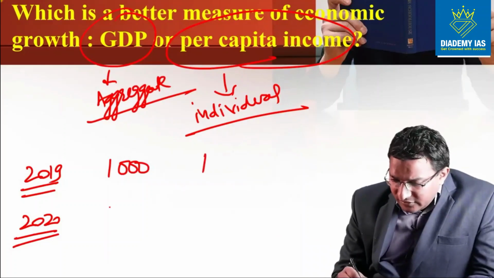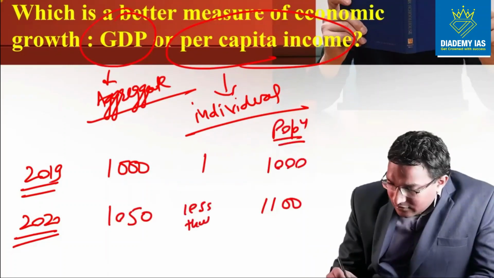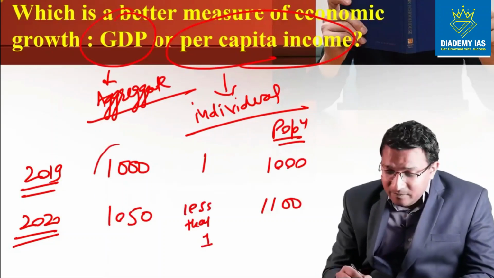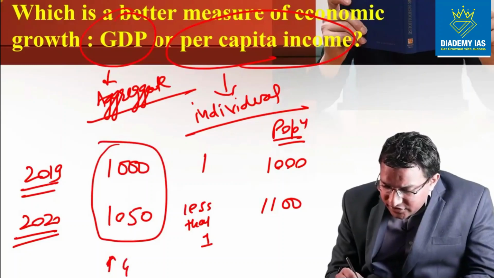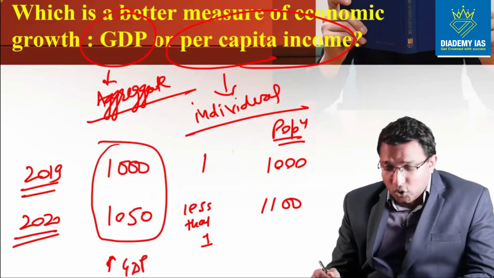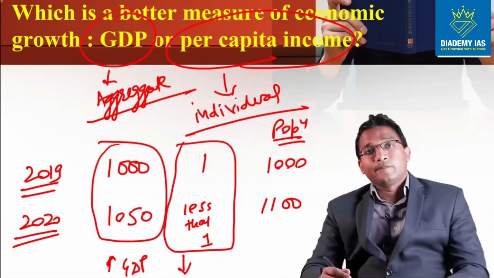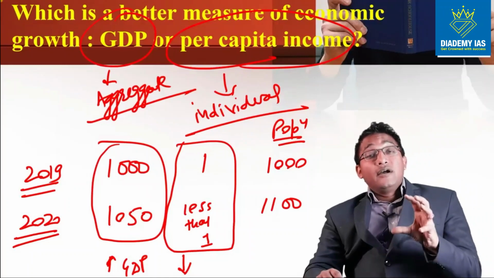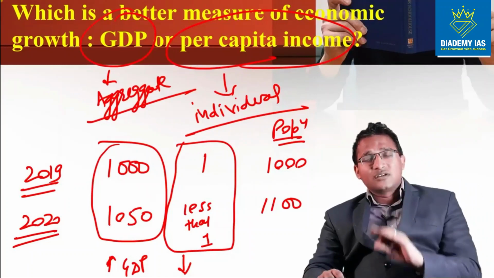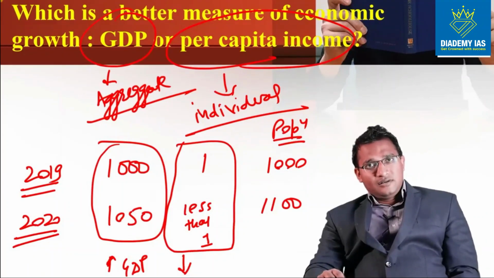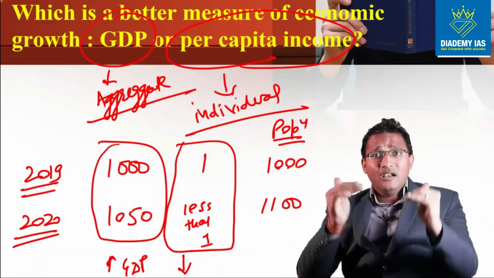In 2020, the aggregate production was 1500, and the individual production was less than 1. So in aggregate terms, there is an increase in the GDP or there is economic growth, but at the per capita level, there is actually a decrease. At the individual level, the income has actually decreased during this 1 year. At the aggregate level, there is an increase, but at the individual level, there is a decrease.